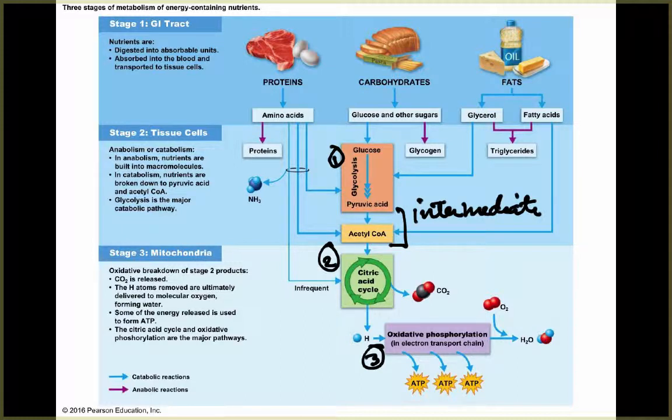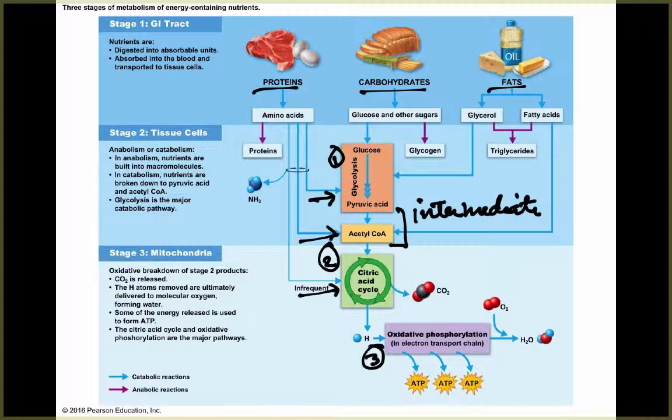So as you can see in here, depending on your food source, whether it's proteins, carbohydrates, or fat, it can provide a starting material in different stages of the cellular metabolism pathway.